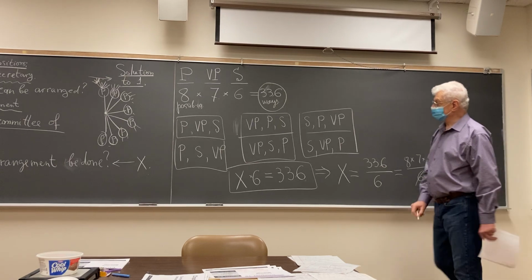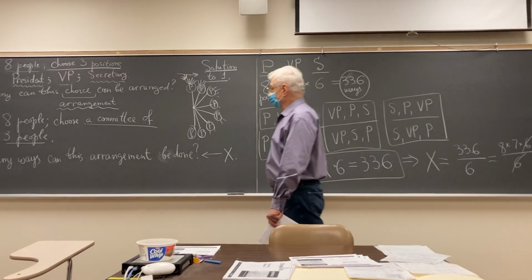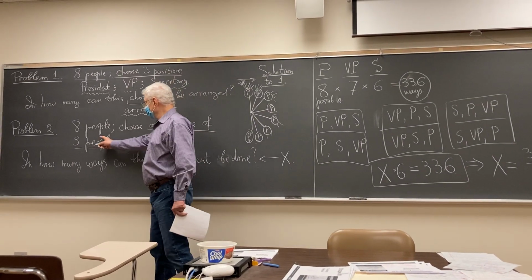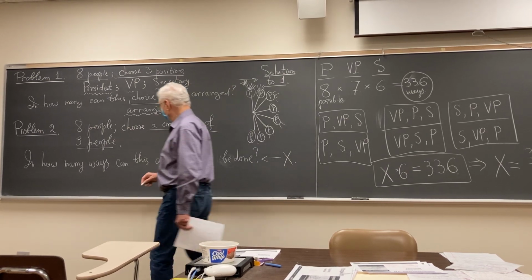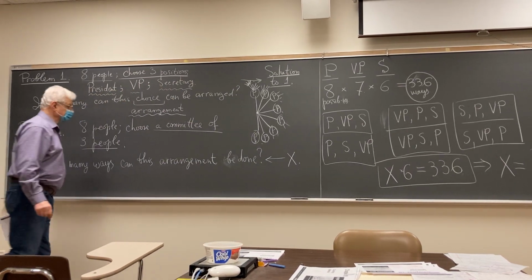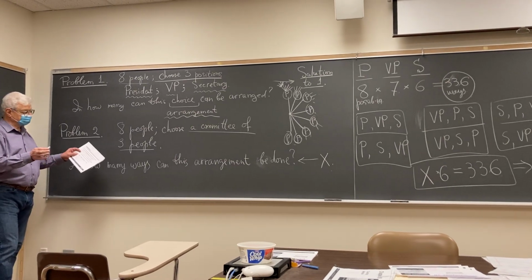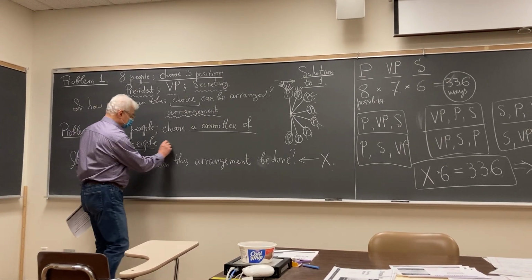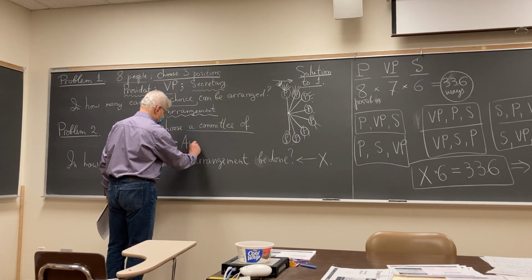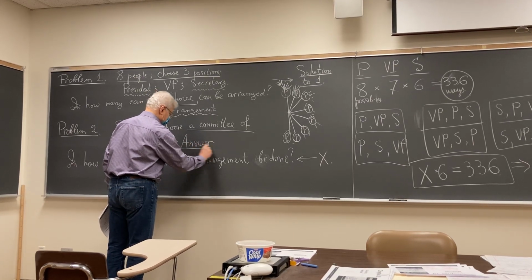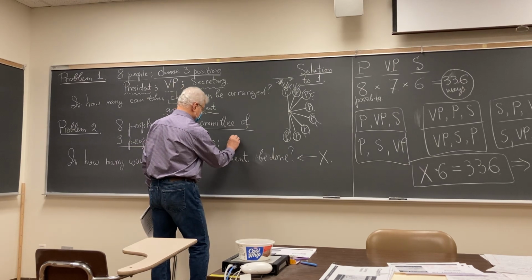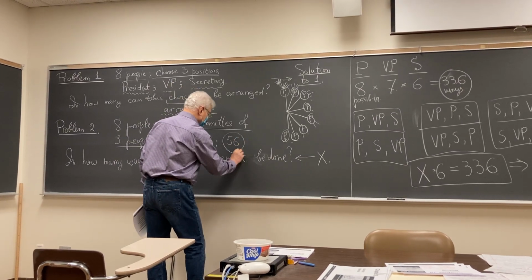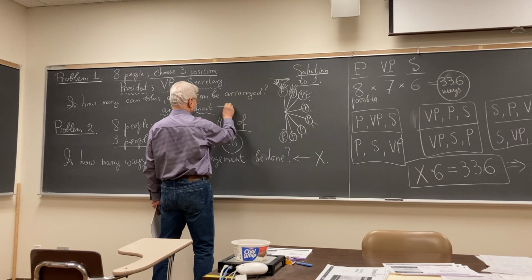So 56 ways are there to choose a committee of 3 people, or just 3 places. So let me write the answer here, 56, and the answer here, 336.